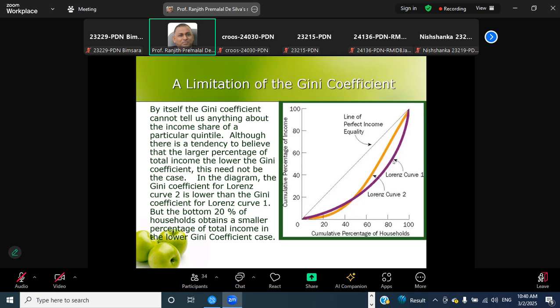So you can calculate the Gini coefficient. You can calculate the values, and then you can produce maps showing distribution of various parameters like this.